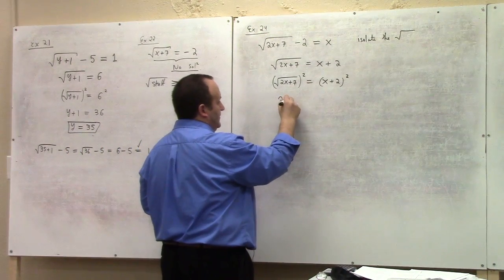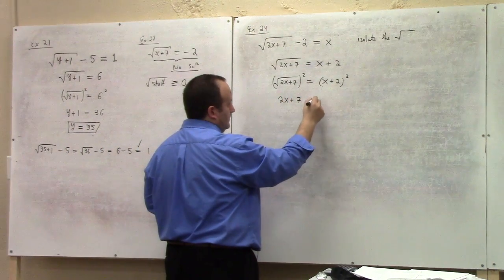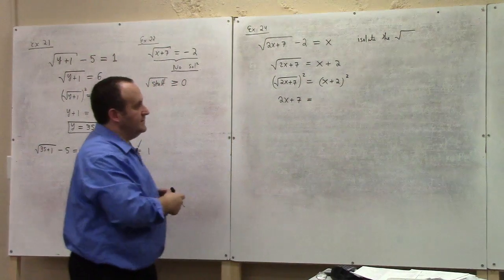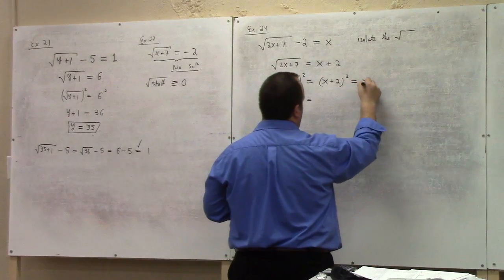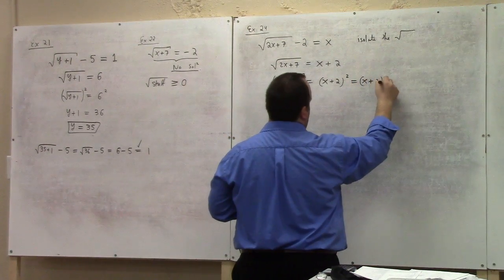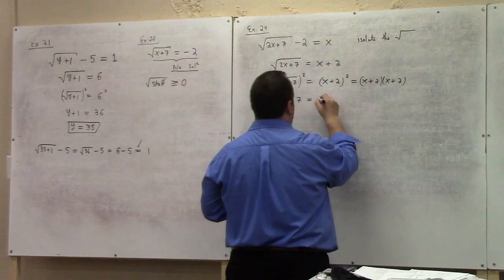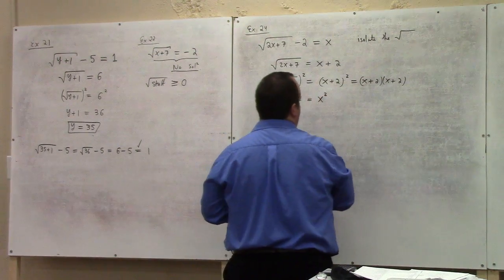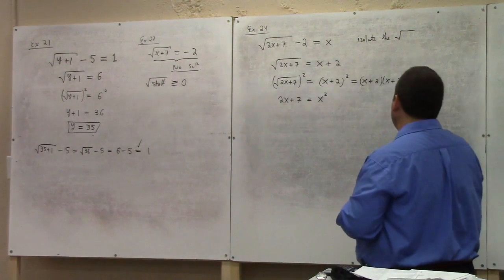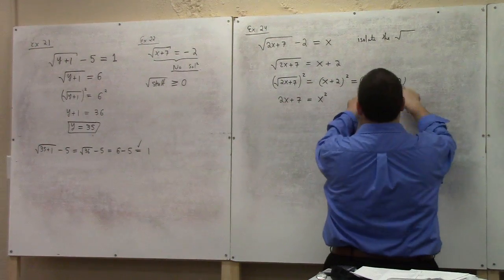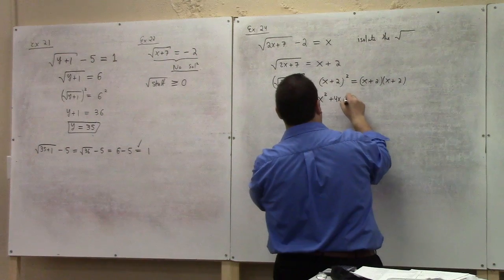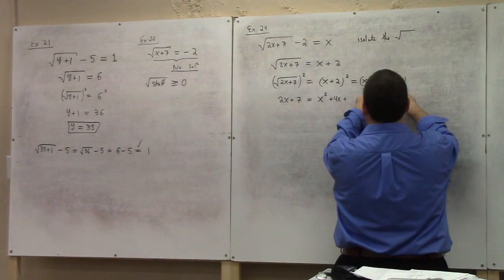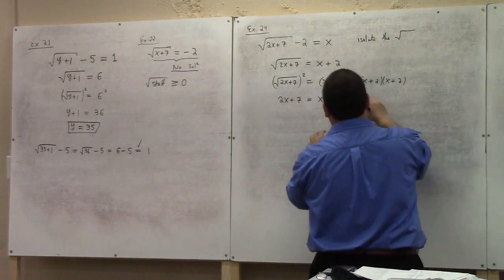And on the other side, what do we get? Foil it out. x squared plus what? You got 4 plus 4x plus what? 2 times 2, right? So 4.